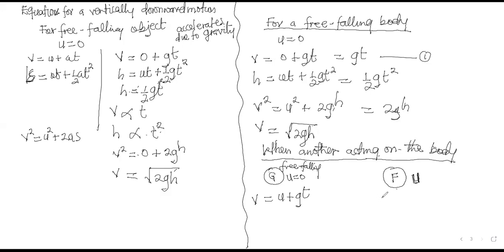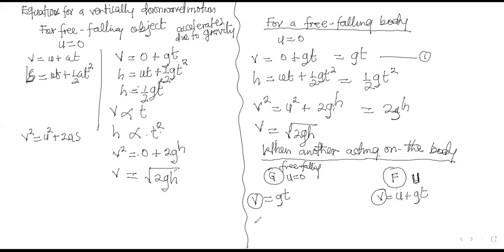Let me bring it here. v will be equal to u plus gt. And in the case of a free-falling body, the velocity at any time t will be equal to gt. So you realize that this will be greater than this one.